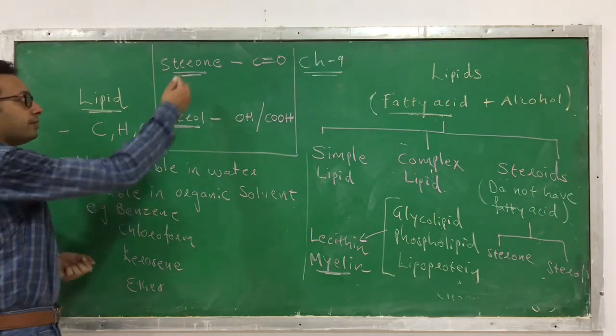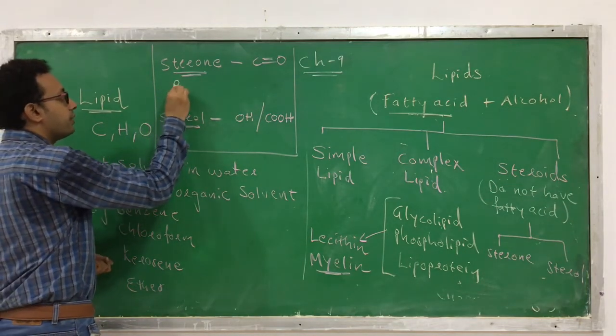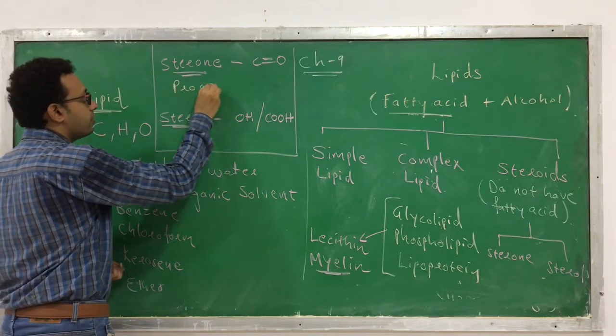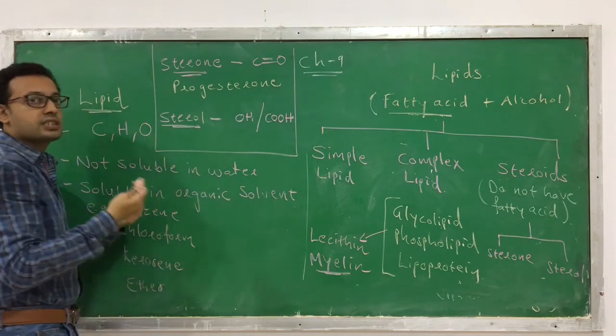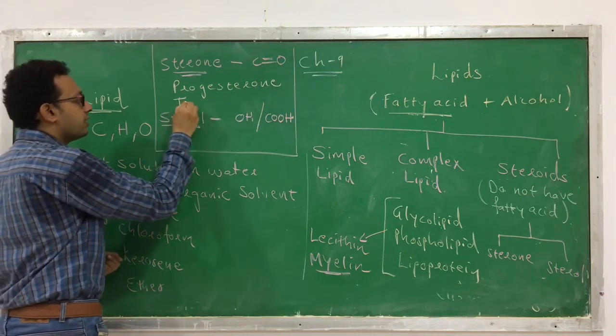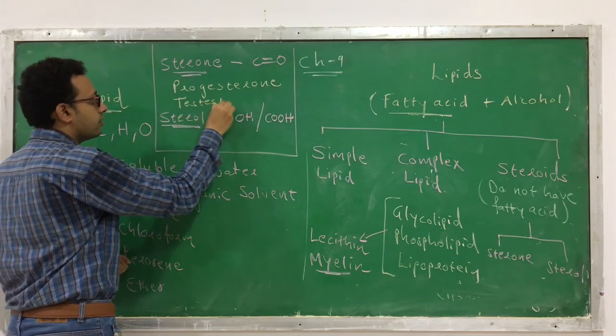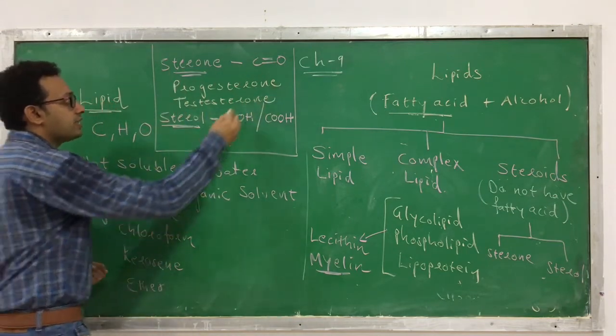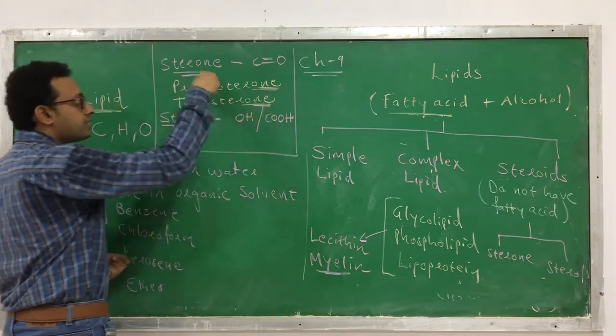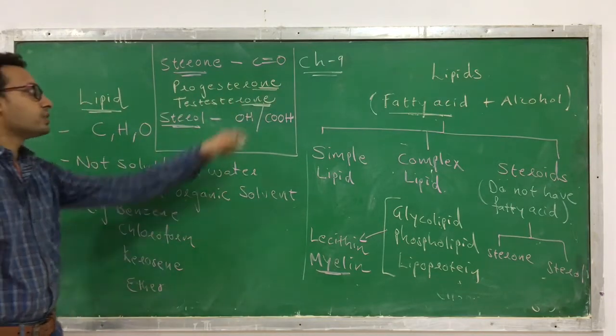Now the example of sterone, I will give you: progesterone. This is an easy example, or you can say testosterone. Here you can see ONE, so they are sterones. That contains which functional group?